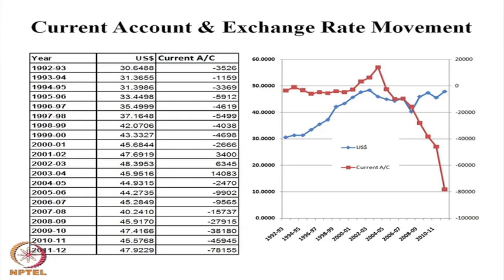When the current account deficit is larger, the rupee depreciates. This is a fundamental relation: when there is a larger current account deficit, there is more demand for the US dollar against the rupee, and the rupee definitely depreciates.